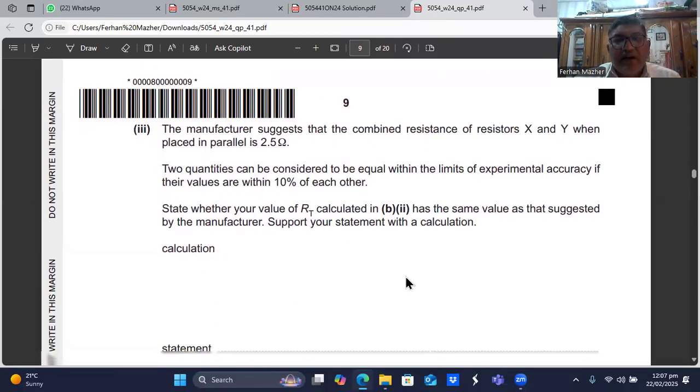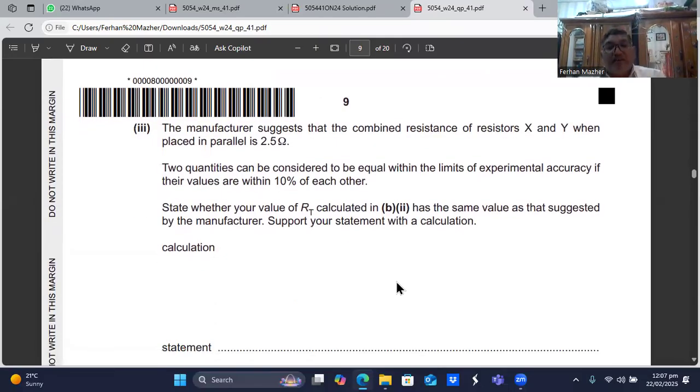this is the third part, question number 2B, and its third part. The manufacturer suggests that the combined resistance of resistors X and Y when placed in parallel is 2.5 ohm. Two quantities can be considered to be equal within the limit of experimental accuracy if their values are within 10% of each other.